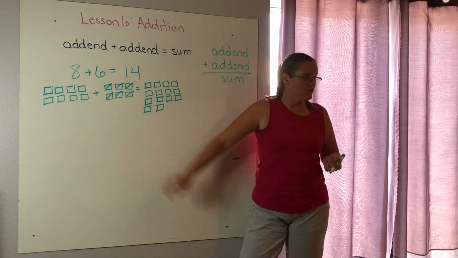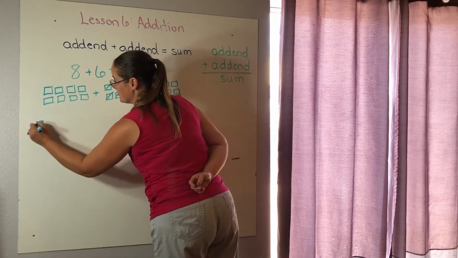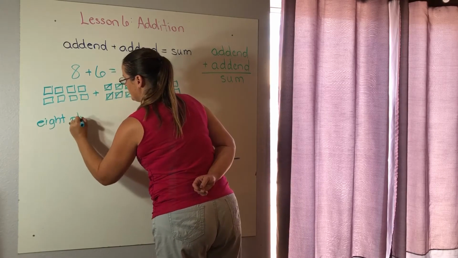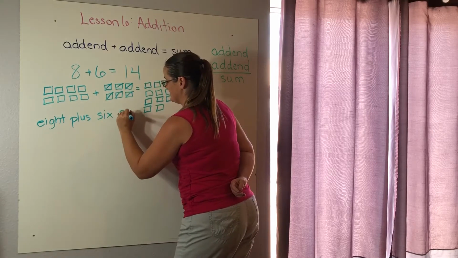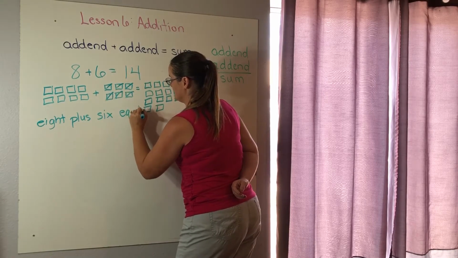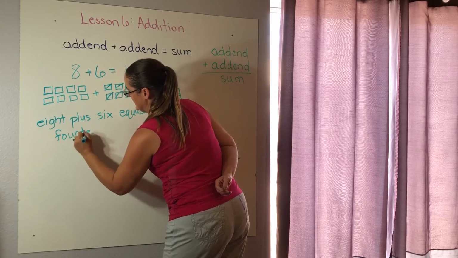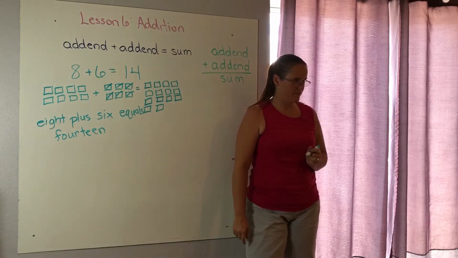And then they might want you to write that in words. So I would have to spell the word 8, spell the word plus, spell 6, spell equals, and then the big one here, 14. 8 plus 6 equals 14. Okay?